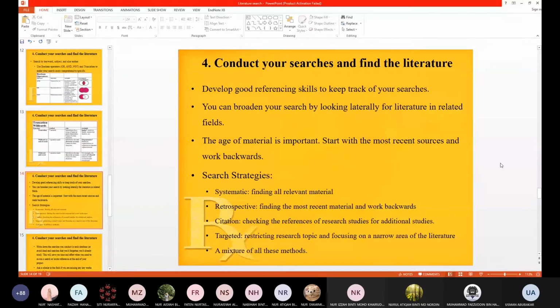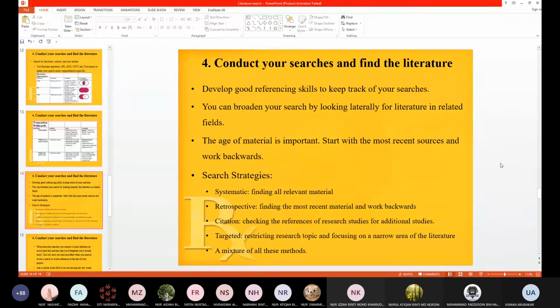You can also use a targeted approach. For example, you narrow to a specific topic or to a specific author, particularly someone who is a guru or well known to be an authority in that area of specialization.